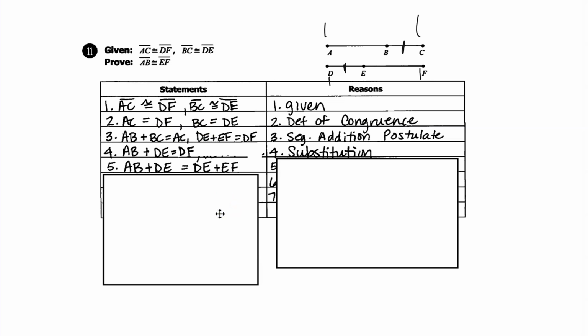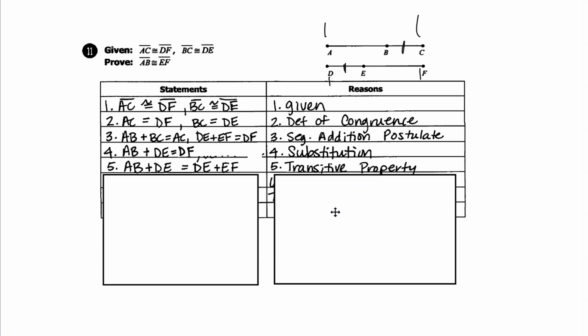AB plus DE equals DE plus EF. Right now we're just doing the transitive property because we're getting rid of stuff. Right, when we look at this, you have your AB plus DE equals DF. And you have your DE plus EF. So see how we're getting rid of the two DFs and making them equal to each other?